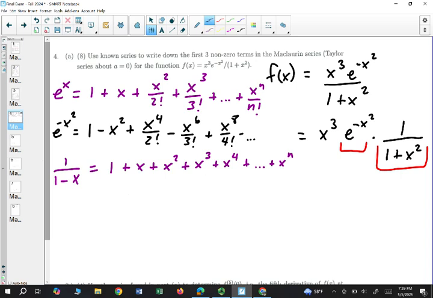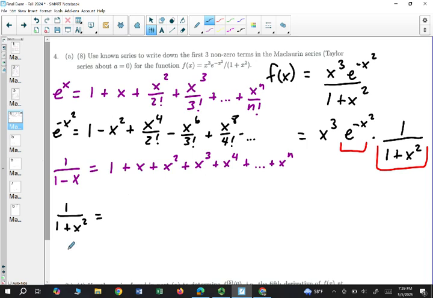Okay, so then that will remind us of, if we have 1 over 1 plus x squared, well now you're going to be looking at replacing x with an x squared.